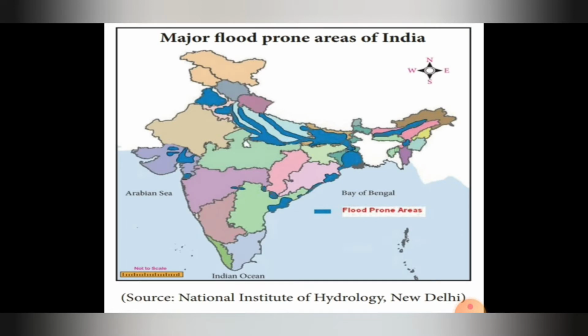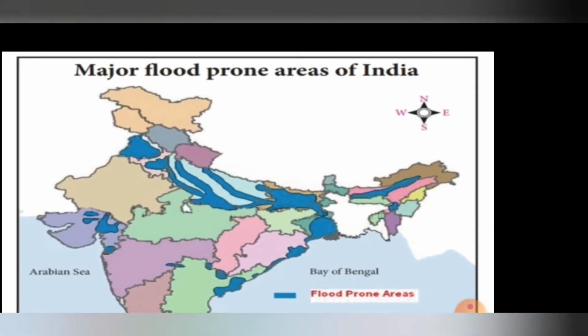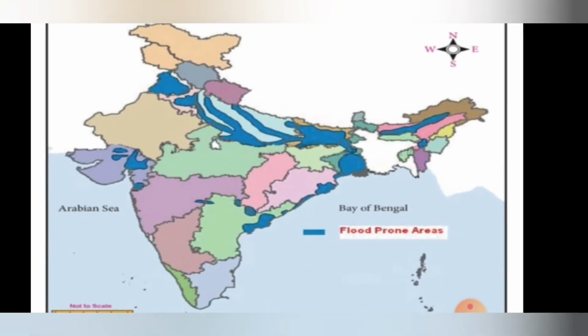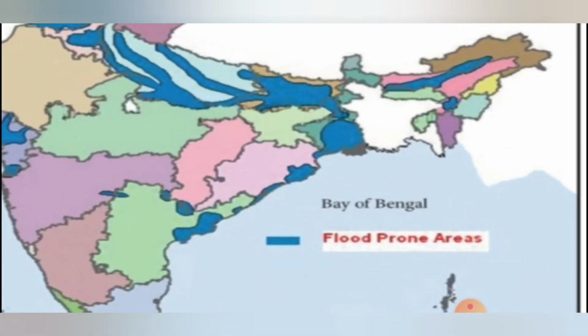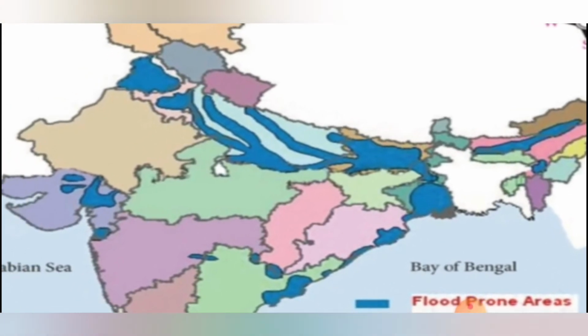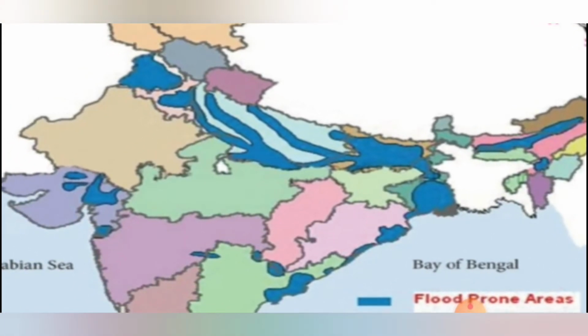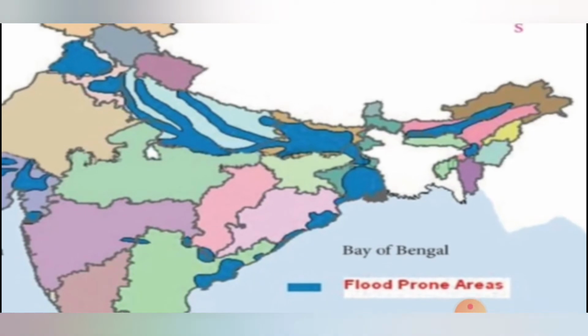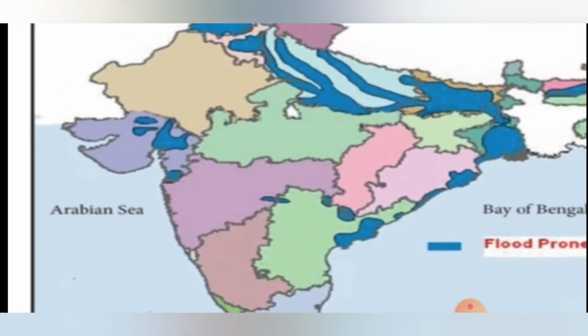So here you could see in the map, the source is the National Institute of Hydrology, New Delhi. These are the places given in blue color as flood prone areas. The places marked in blue are flood prone areas.